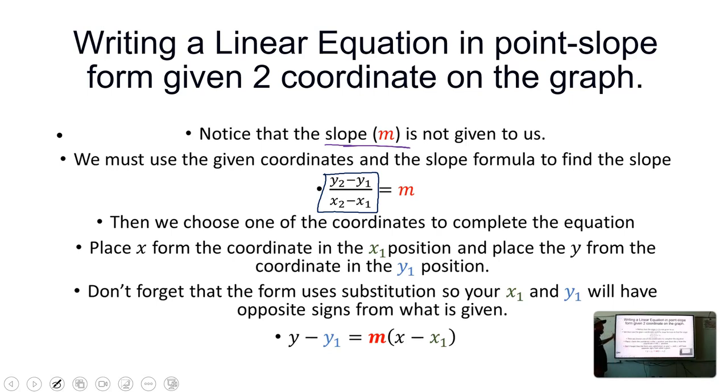Then we choose one of the coordinates to complete the equation. We place the x from the coordinate in the x1 position, and place the y from the coordinate in the y1 position. And don't forget that the form uses subtraction. So once again, we're going to be doing opposite signs.